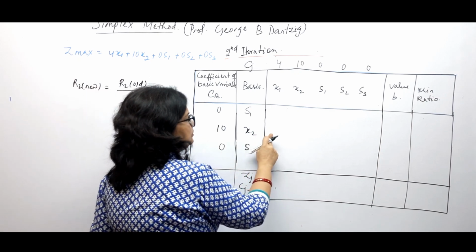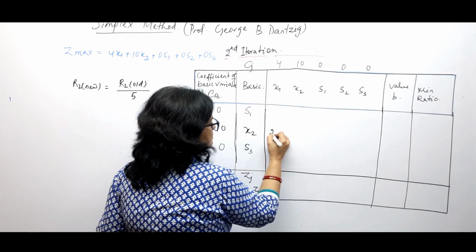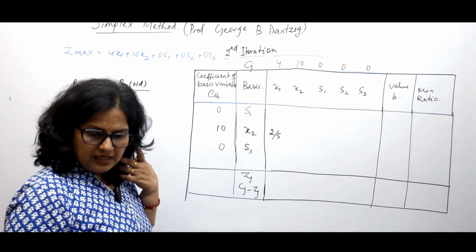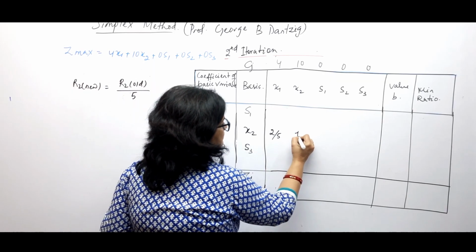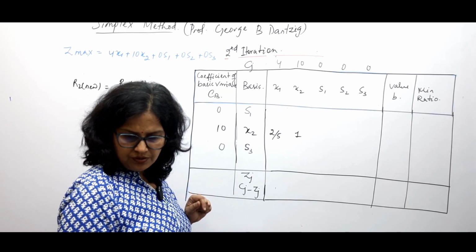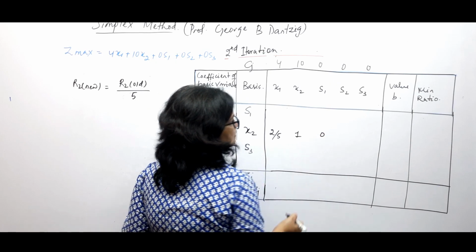So what do we need to do? In our previous table, here we are having 2. So this becomes 2 by 5. Then the value is 5. So 5 divided by 5 is 1. Then we are having the value 0. 0 divided by 5, we will have 0 here.